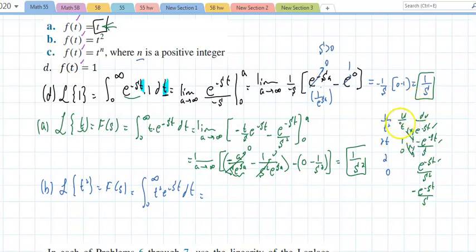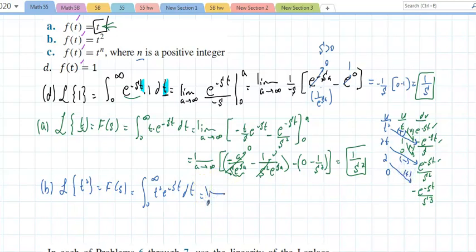It's going to be this positive, this negative, and this positive.